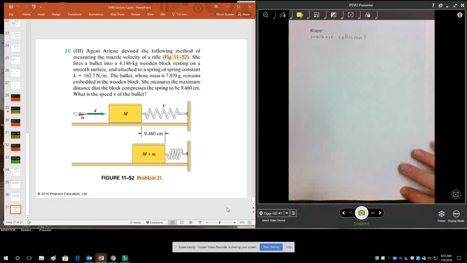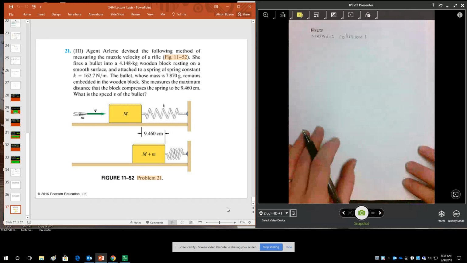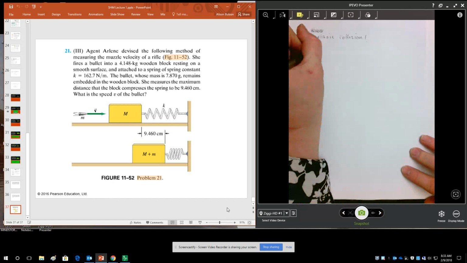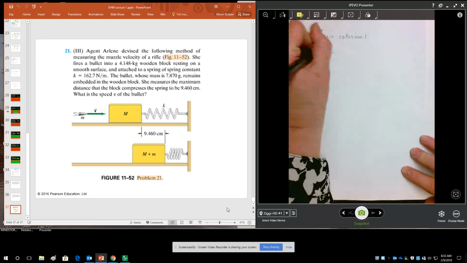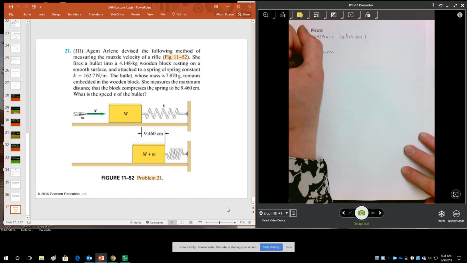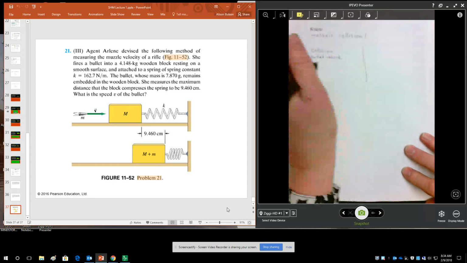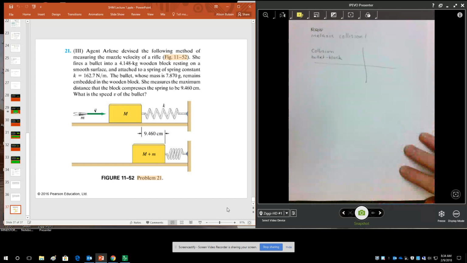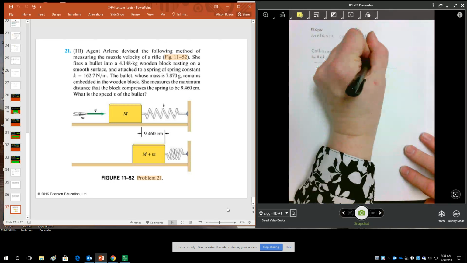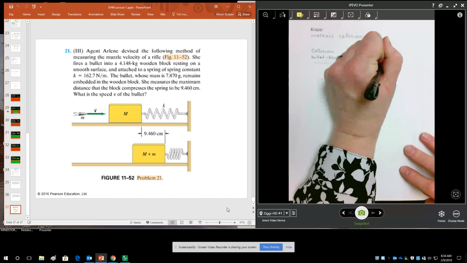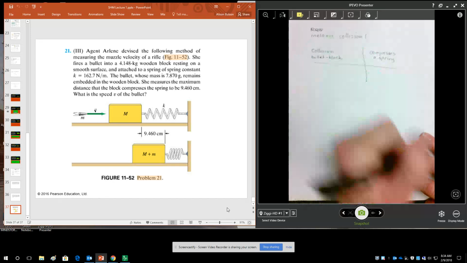So, as usual with AP Physics, we've got a two-part thing. We have a collision that occurs, a collision between bullet and block. And then we have something else happening: the bullet-block now compresses a spring. What could I use to think about the compression of the spring?